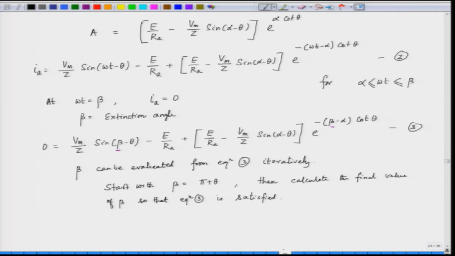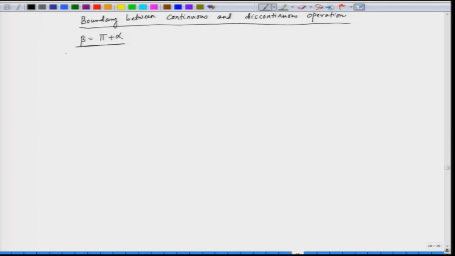Now, what we do here, we substitute the value of beta equal to pi plus alpha in equation number 3 and calculate the speed for the boundary condition.